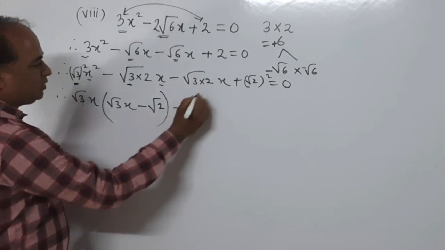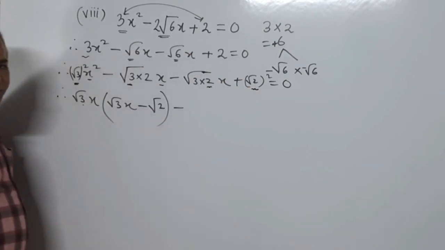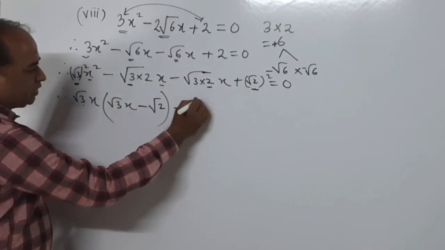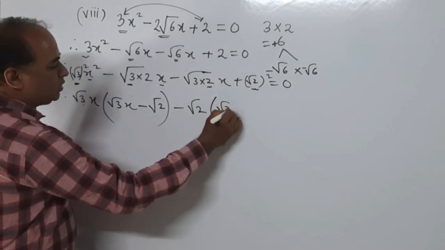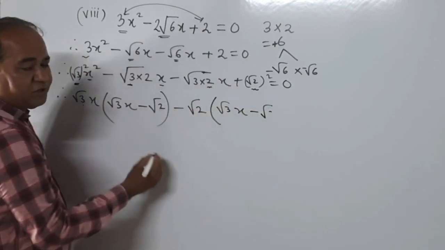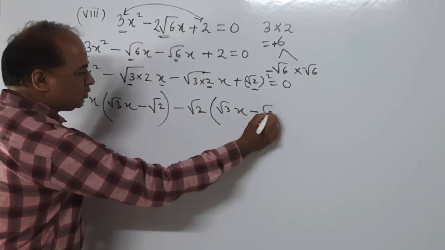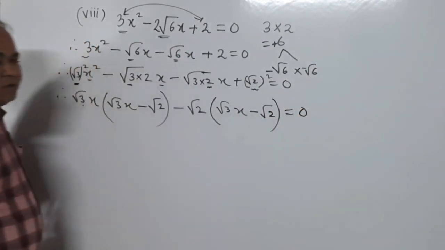In the same manner here this root 2 and 1 root 2 from here is common. So we can take minus root 2 common. In the bracket root 3x, minus into minus it is plus, so minus root 2 came out. So 1 root 2 remains in the bracket, which is equal to 0.